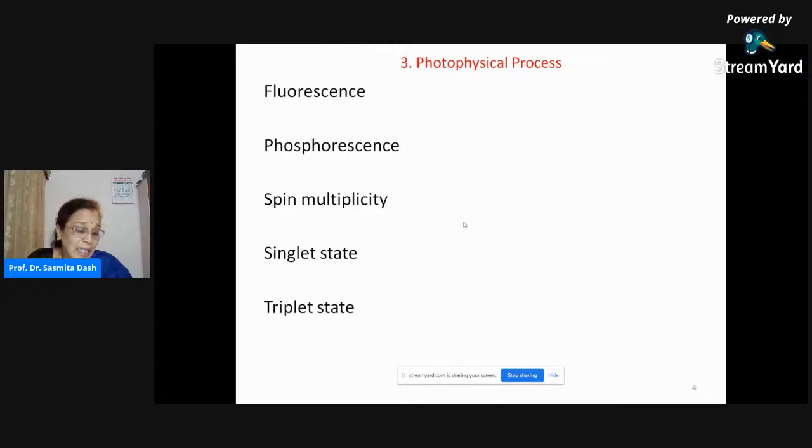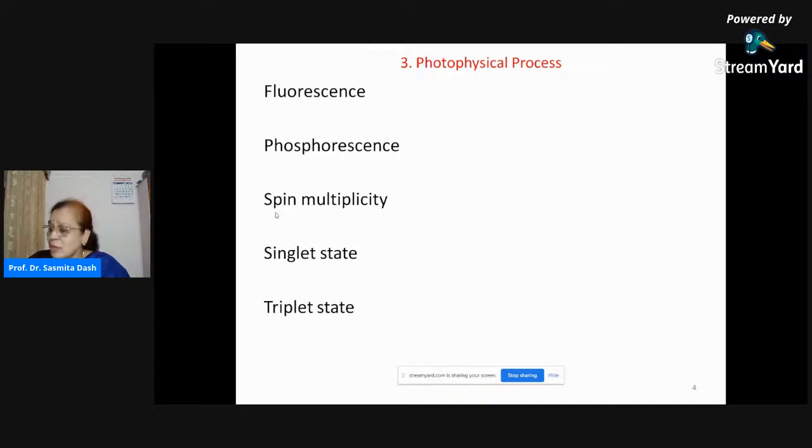So in that case, the spin multiplicity will be 3, 2S plus 1 is equal to 3. So we can say that the molecule is now present in a triplet state. So from this spin multiplicity, the orientation of the spin of the electron, we assign whether the molecule is present in a singlet state or triplet state.